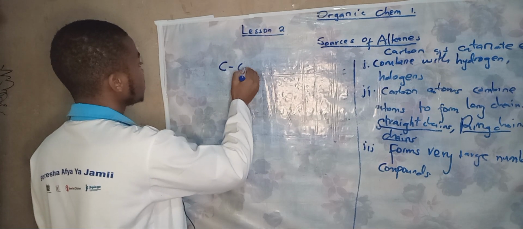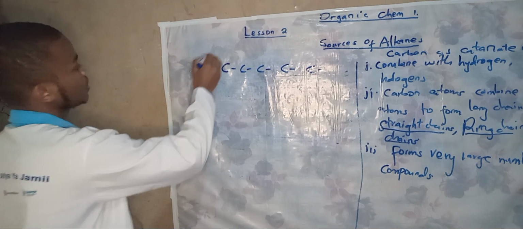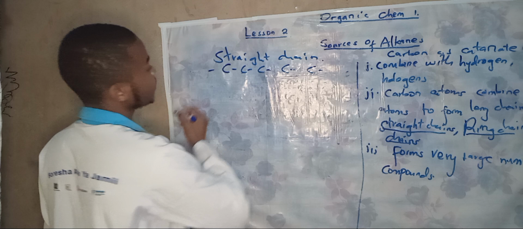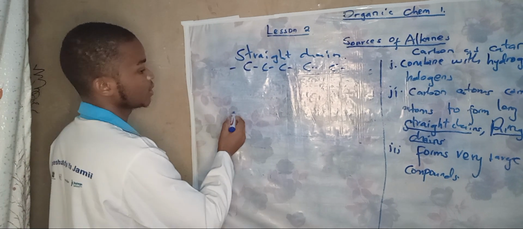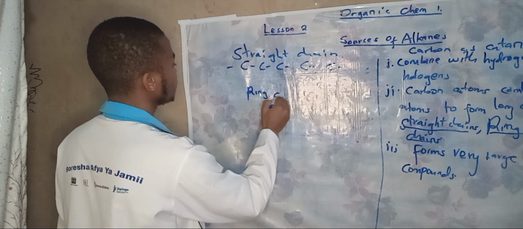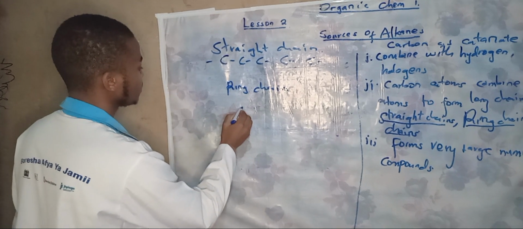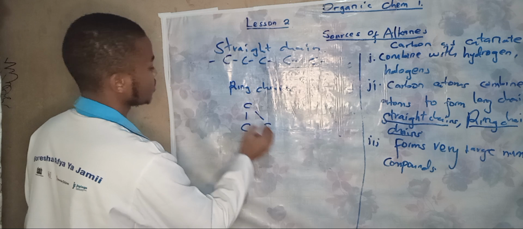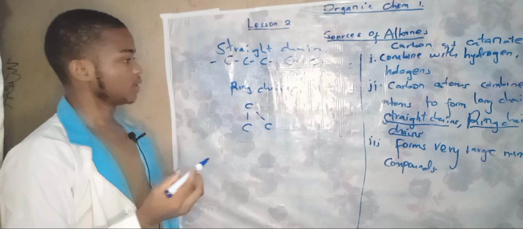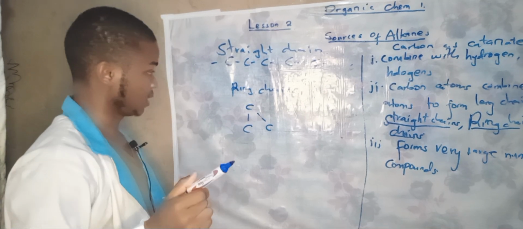We have C, C, C. That's very straight. We call it a straight chain. We also have ring chain, C, C. That's a ring chain. As you can see, it appears in the form of a ring, right? You are able to see why it's called a ring chain, because it appears in form of a ring.